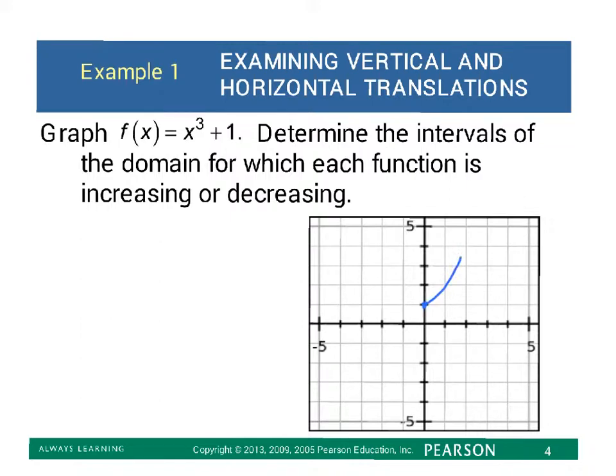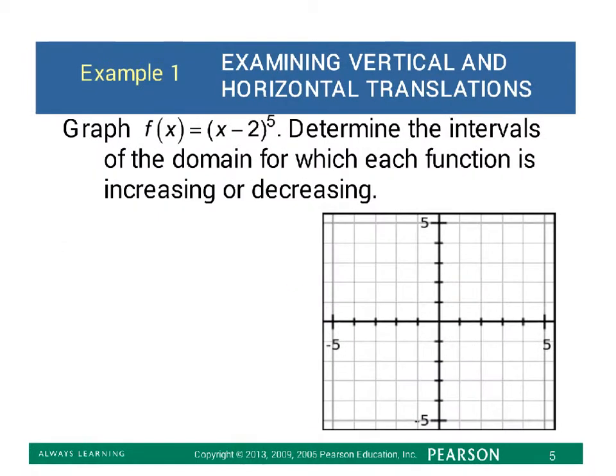And the x cubed graph kind of looks like this. Okay. And the domain for which the function is increasing or decreasing, well, it's actually increasing over its whole domain. So you can say increasing on -infinity to infinity. And we're done.